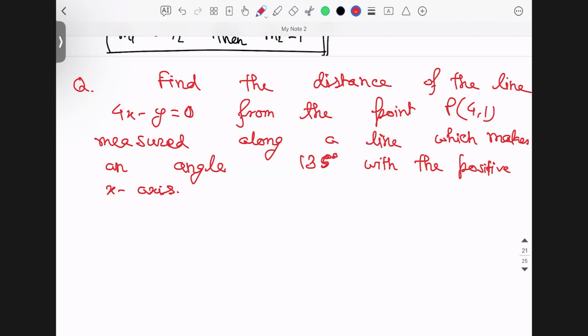Okay. So what is the question? We need to find the distance of the straight line 4x minus y equals 0 from the point P (4, 1), measured along a line which makes an angle of 135 degrees with the positive x-axis.